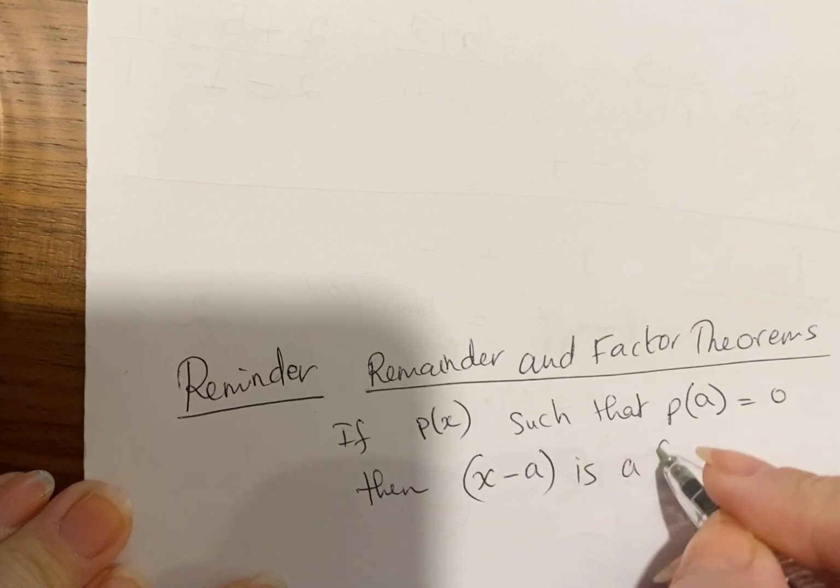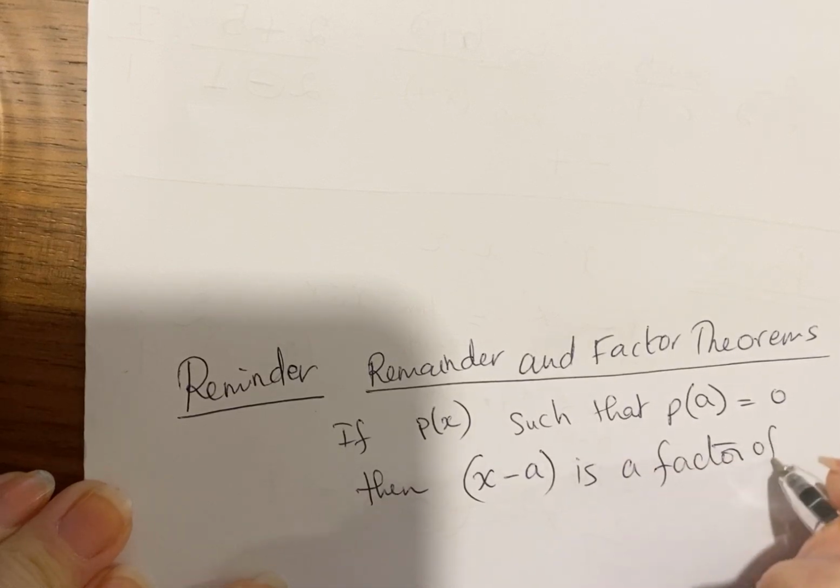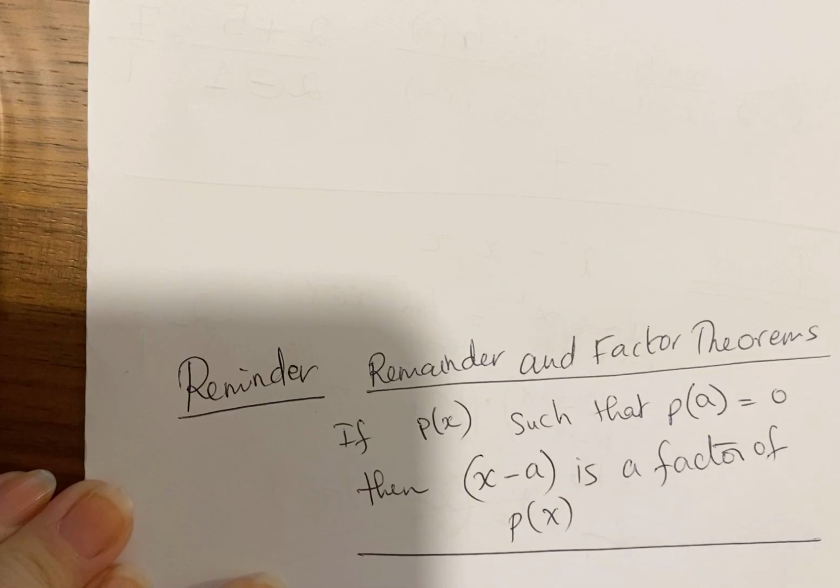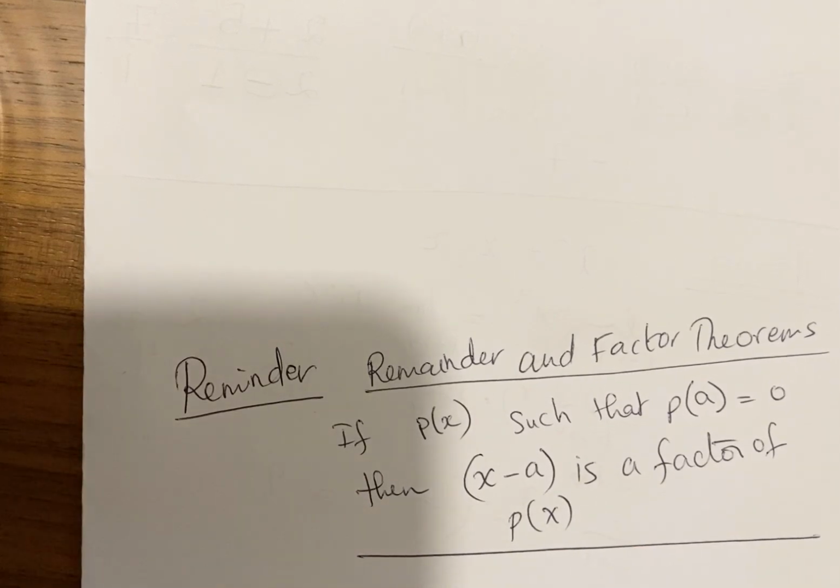X minus a is a factor of p of x. Do you remember this? I'm pretty sure most of you, if you've taken STEM, remember this, because we teach it a lot in STEM and we used to stress it a lot. It's called the factor theorem.